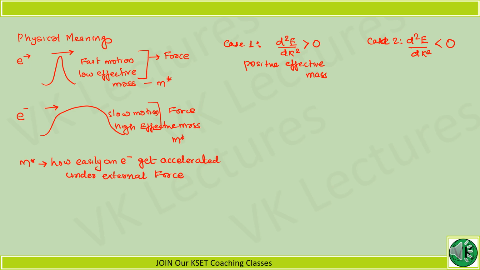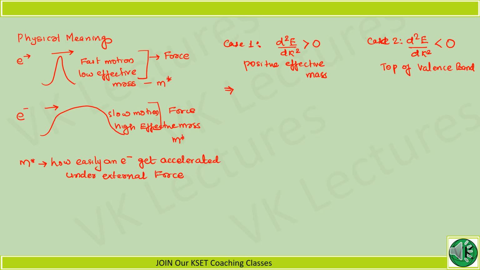Now this comes near the top of the valence band. This energy occurs in the region at the top of the valence band. With positive effective mass, we know there must be conducting electrons.